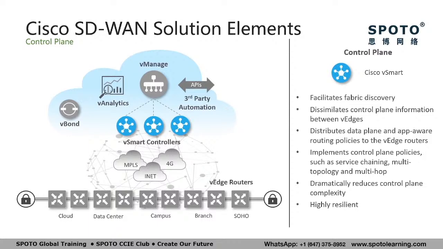Control policies acting on the control plane information are locally enforced on the vSmart controllers. These control plane policies can implement service chaining, various types of topologies, and generally influence the flow of traffic across the fabric.